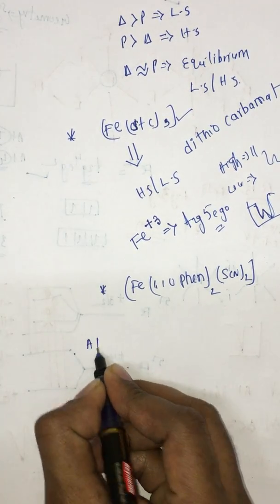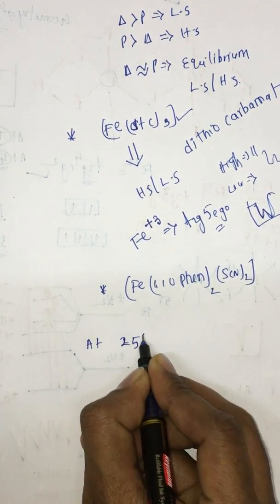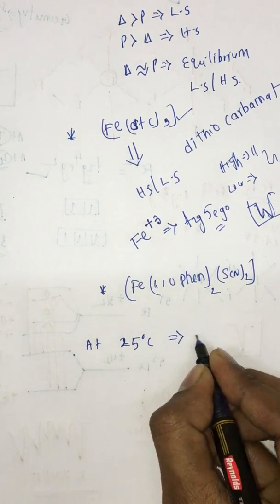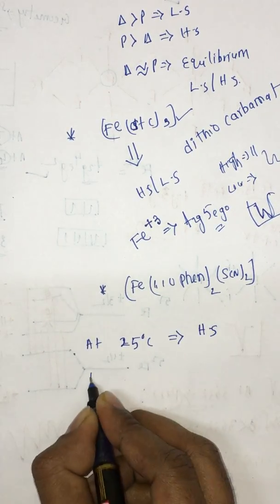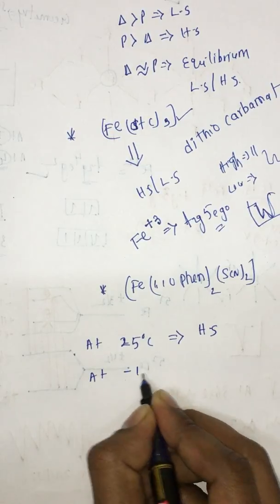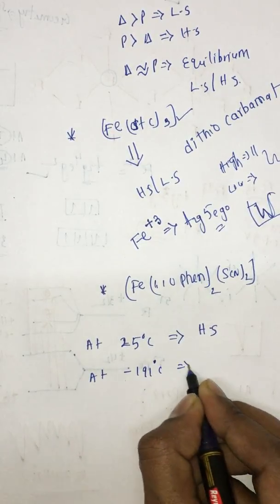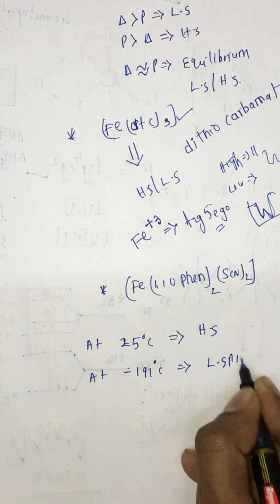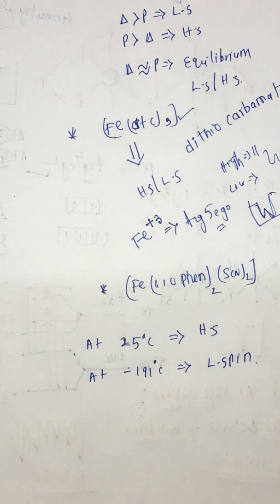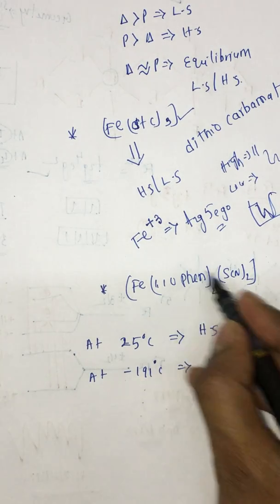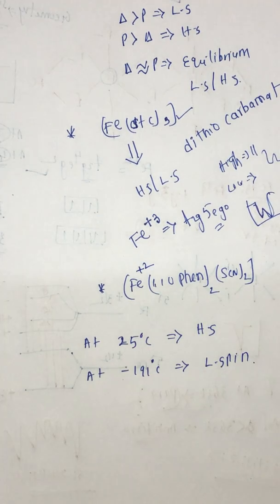At 25 degrees centigrade it exists as a high spin. At minus 191 degrees centigrade it exists as a low spin. So this complex has a +2 oxidation state. Iron is in a +2 oxidation state.